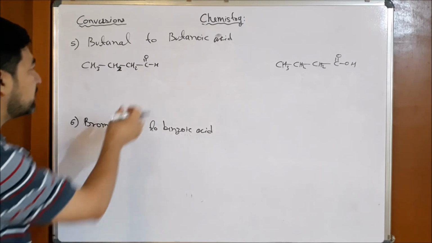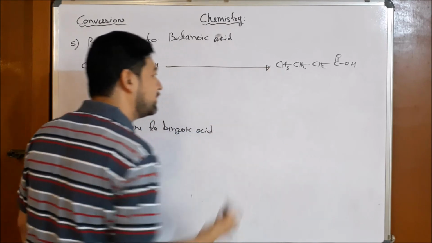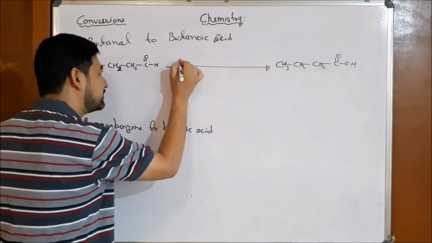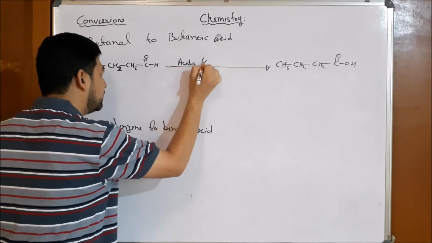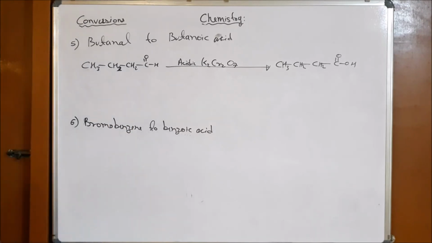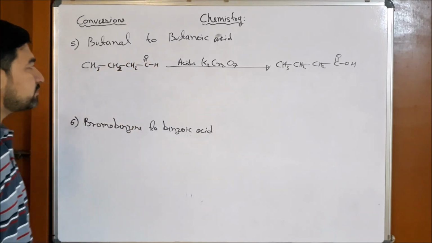The simple thing is that you have to convert this alcohol into carboxylic acid. It can be done in a single step, right? As mentioned earlier, we use acidic K2Cr2O7. So it's strong oxidation. You do this strong oxidation, and you will get that carboxylic acid compound.